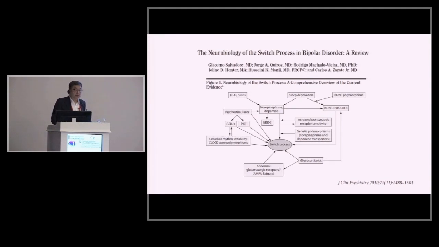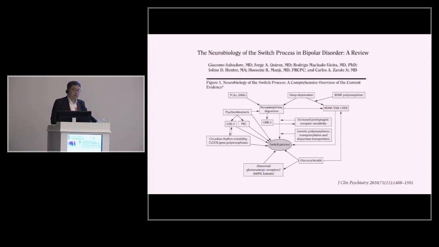Of course, another important point is the switching effect of antidepressants. That bothers clinicians very much, because I think every clinician in your clinical practice can find one or two in your life, but it's not a very big size. So when we check the meta-analysis of antidepressant-induced switch to mania, it always tells you it's not statistically significant.